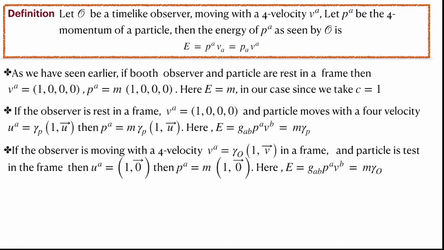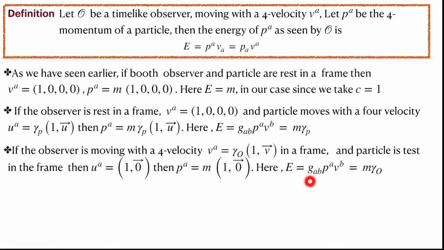Let's say the observer is moving in an inertial frame with the 4-velocity v^a equal to gamma_o into (1, vector v). So this observer is moving with the 4-velocity v^a, and the test particle is at rest with respect to that frame. In that frame, the 4-velocity of the particle is given by u^a equal to (1, vector 0), and the 4-momentum is given by m into (1, vector 0).